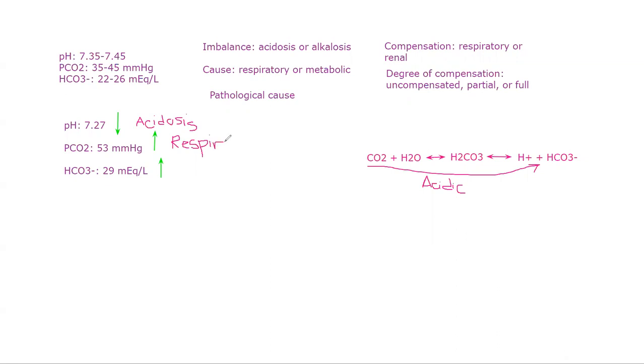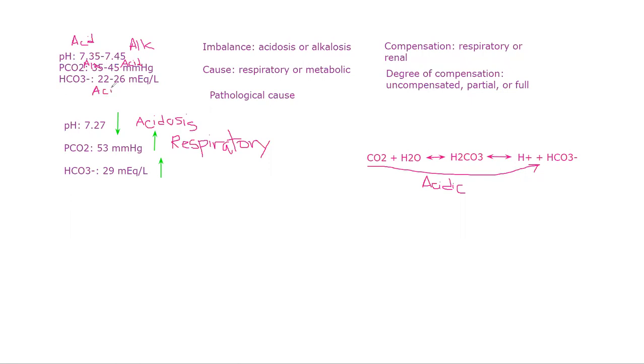I know another thing I want to show you. If I have high CO2, then it's going to be a respiratory cause. Let's put over here acidosis, alkalosis. But if I have high PCO2, that makes me acidic, and this makes me alkaline, and then this is acidic.